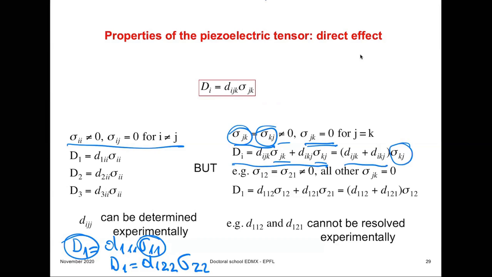For example, if we take sigma 1,2, which is equal to sigma 2,1, different from 0, and all others equal to 0, we get that D1 is the sum and equal to this. So we have one pressure and one charge, and we have two piezoelectric coefficients. It is not possible to get these piezoelectric coefficients separated. They cannot be resolved experimentally. So what we do, we take that they are equal, and that will facilitate consideration.